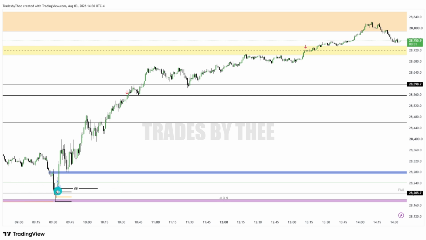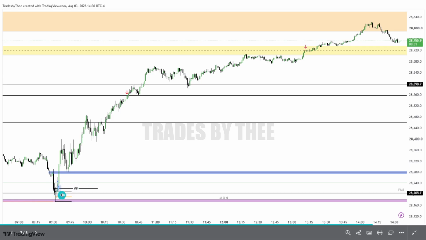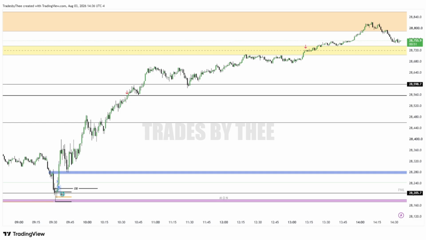Once price closed above the order block, my executions were in and my stops were just, I think, halfway of this rejection block, because I wasn't expecting it to come back, because now I was expecting price to move to my logical liquidity targets. You see price comes up, this you can use as an inversion fair value gap.